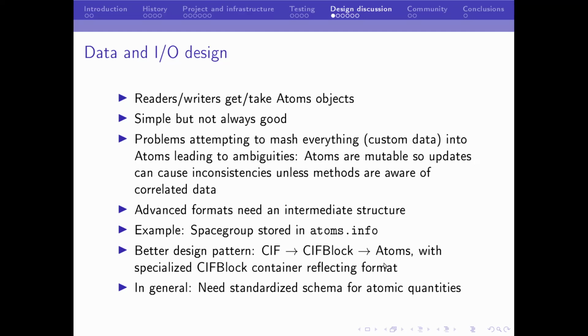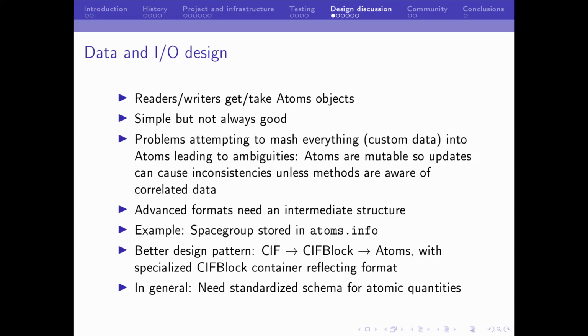And then that is a little bit advanced because it might use a space group and do some kind of symmetry mapping, so you get the full number of atoms instead of some symmetry reduced set of atoms. It's a complicated operation, so that's why one should not encode it in a single read step. And CIF is the most complicated format probably in that regard, but it affects other formats as well.